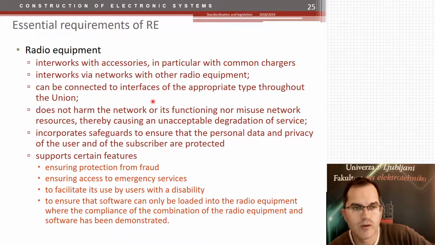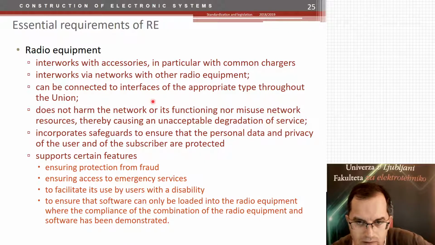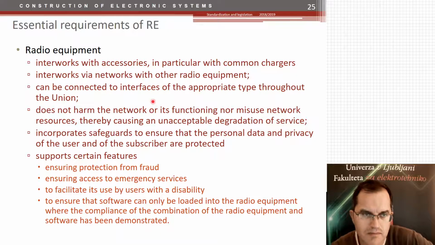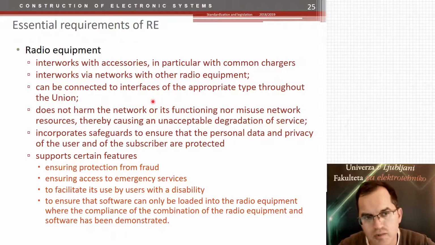So the mobile phone should not jam the network for the rest of the people if there is misuse of the network, or if it functions, I would say, if it goes crazy. All the safeguards should be included in this radio equipment for personal data and privacy.